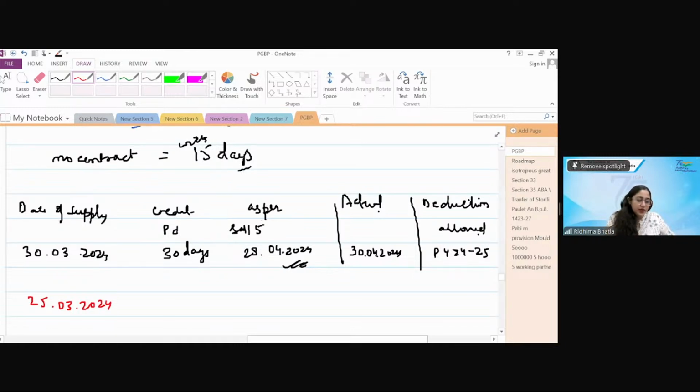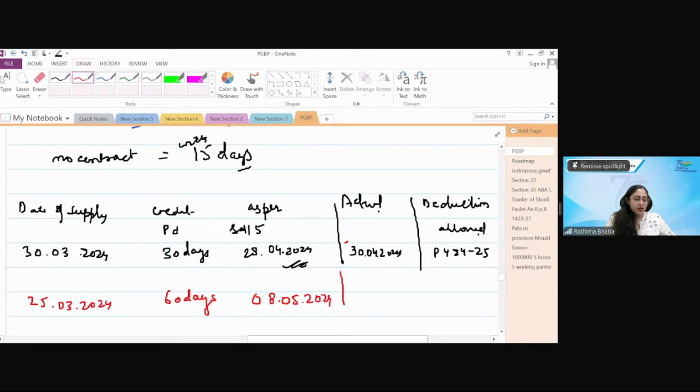Okay, now look, 25th of March, credit period decided is 60 days. So as per Section 15, what should be the due date for making payment to micro, medium, small enterprises? If you calculate 45 days, it will fall on 8th May 2024.